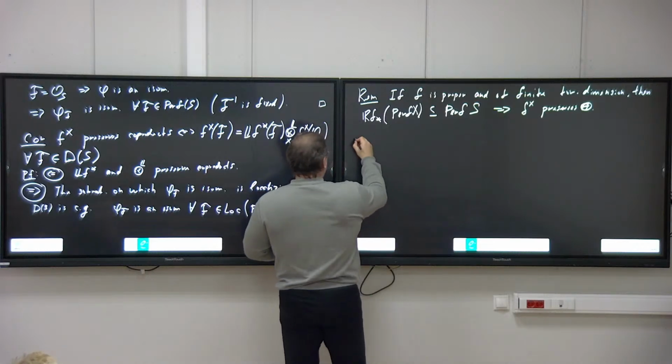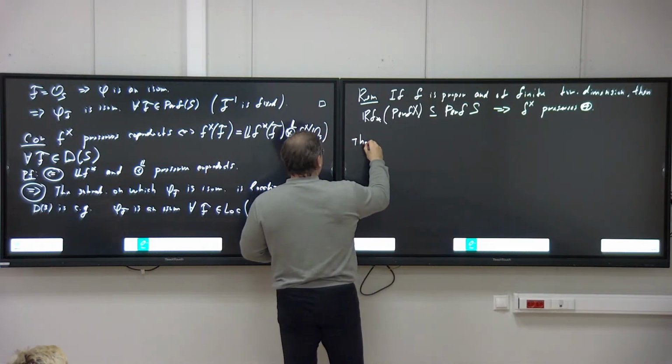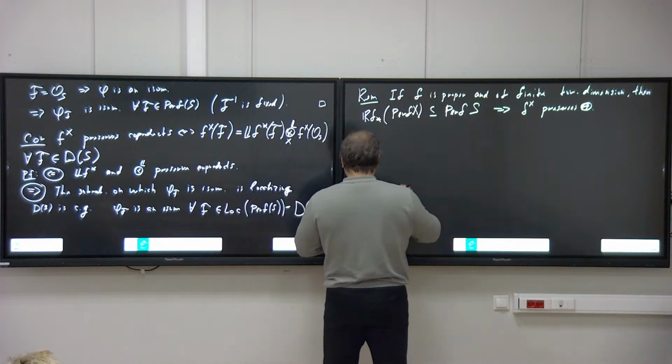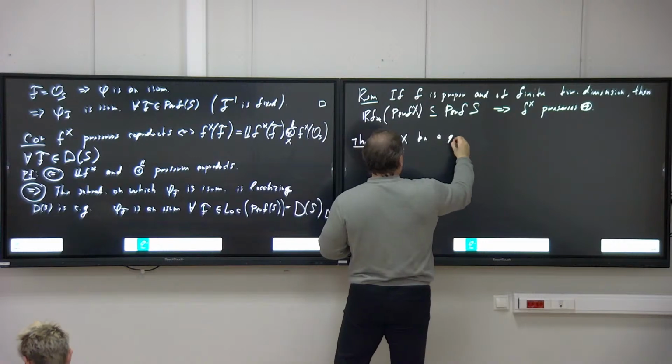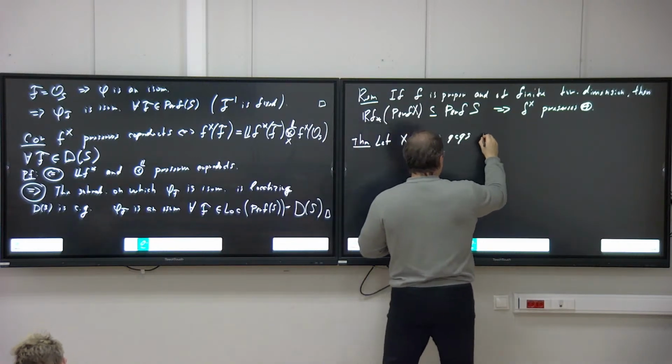Okay, so let me formulate this maybe as the theorem. Let X be a quasi-compact, quasi-separated scheme.